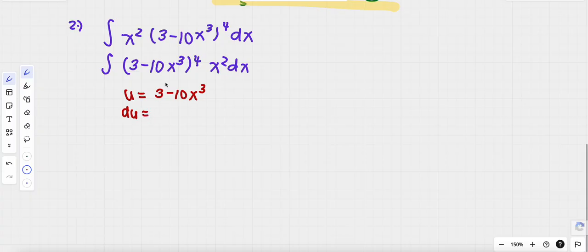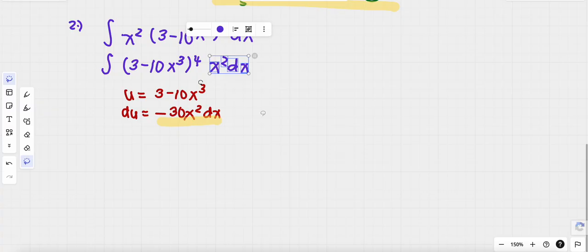That will be 0 minus 10 times 3, we have negative 30x squared dx. Next question. Do we have complete du? Do we have negative 30x squared dx? Yes or no? Definitely not. But what do we have? We have x squared dx.